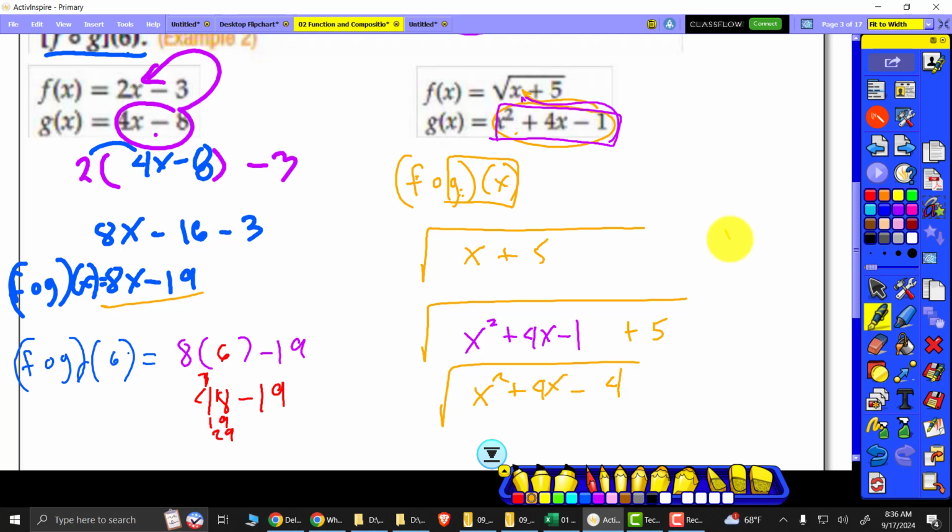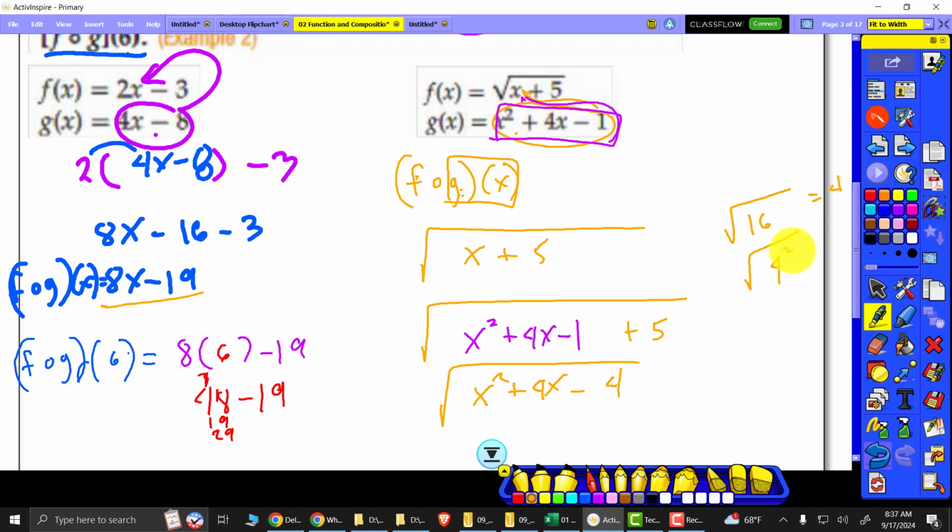Let's go back as a review. If I have square root of 16, what is the value of square root of 16? 4, right? Do you agree that 16 is just 4 squared?